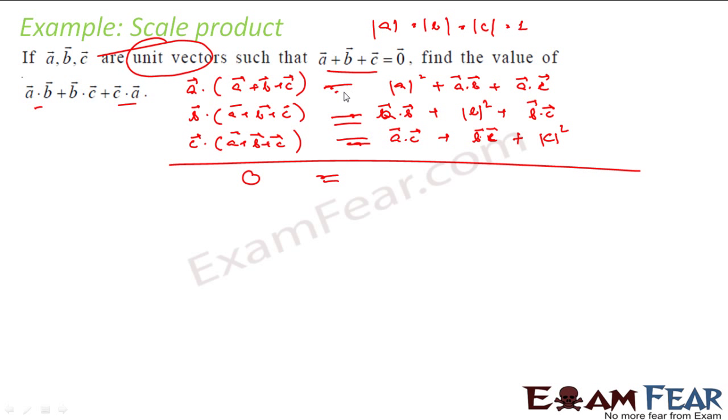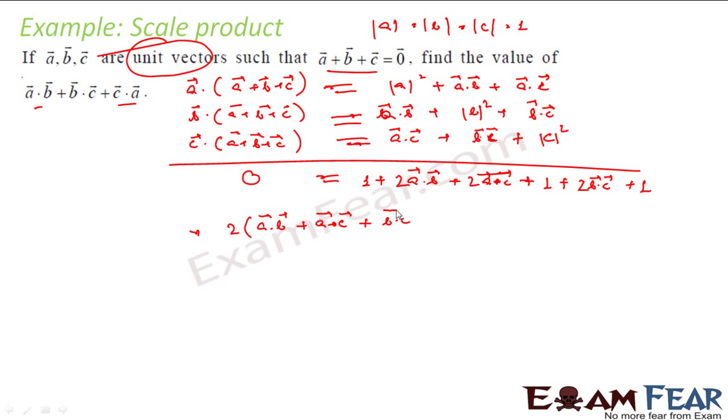Right here, magnitude of a square is 1, I know. 1 plus a dot b plus a dot c plus again a dot b, so I write twice here. b square is 1, I write 1 plus b dot c plus a dot c again, I write twice here. b dot c again, I write twice here, plus c square again is 1 because c is a unit vector.